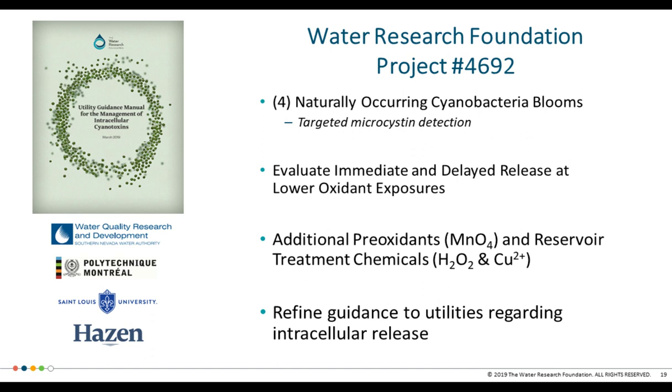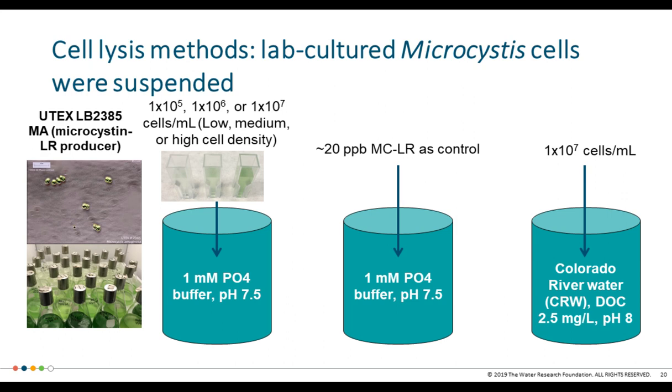We call this a release and treat approach, which you'll hear more about on the webcast. And that occurs when we intentionally release the intracellular toxin and subsequently oxidize or treat it through a downstream process. And both steps are important for that type of approach to work. So with that, I will now turn it over to Dr. Katie Greenstein to discuss some of the methodology that we used for the project.